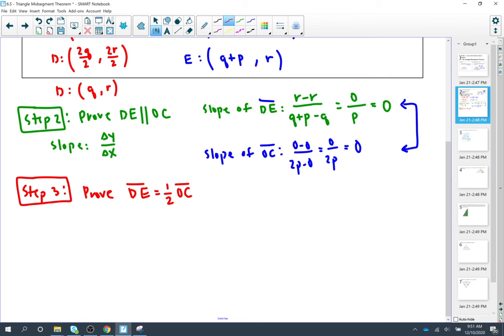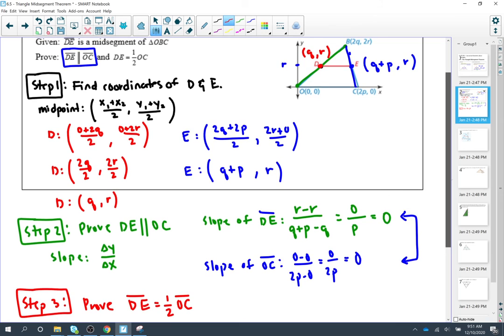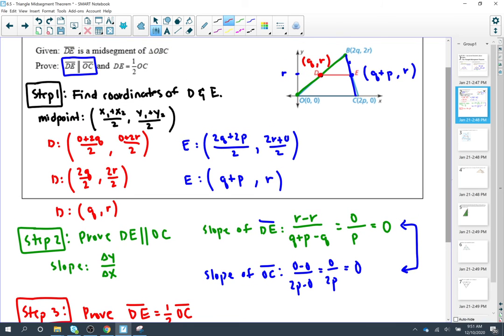The good thing about finding the distance here is we actually don't need the distance formula because these are horizontal lines. If I start with, let's say, DE, they're both up here at r. So really, I just have to figure out the distance between Q plus P and Q. If I want the distance between these two things, we just have to subtract.